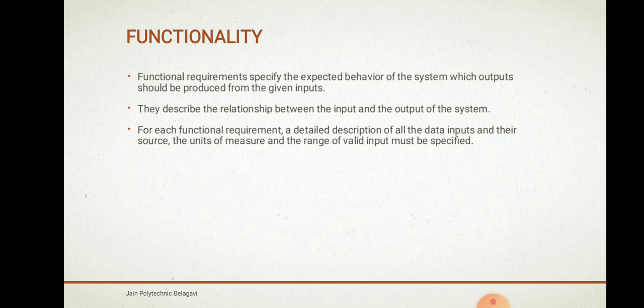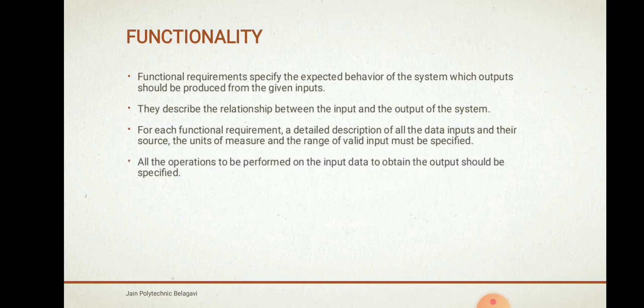For each functional requirement, a detailed description of all the data inputs and their source, the unit of measure, and range of valid input must be specified. So if you are using one of the functional requirements, the description of that requirement should be given with all inputs and outputs, and what measure should be taken. All the operations to be performed on input data to obtain the output should be specified.